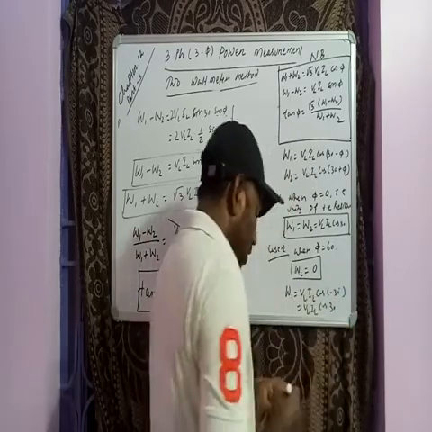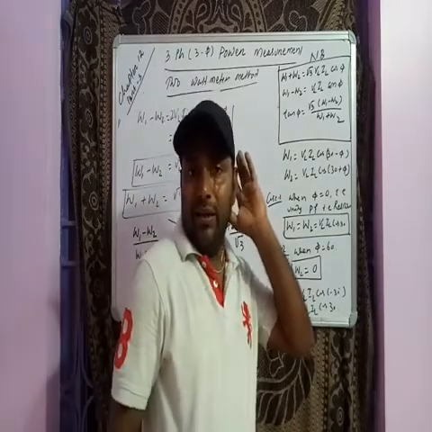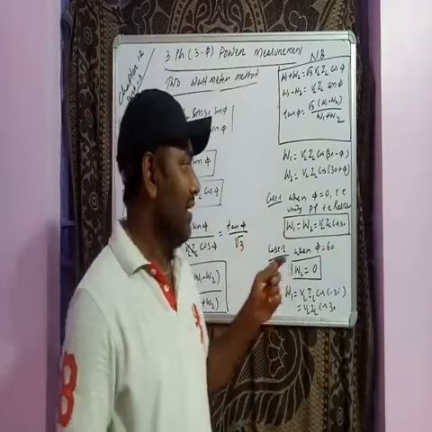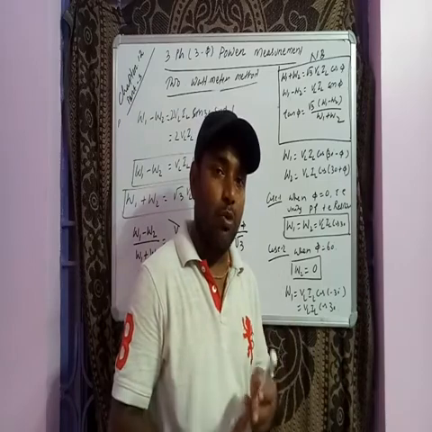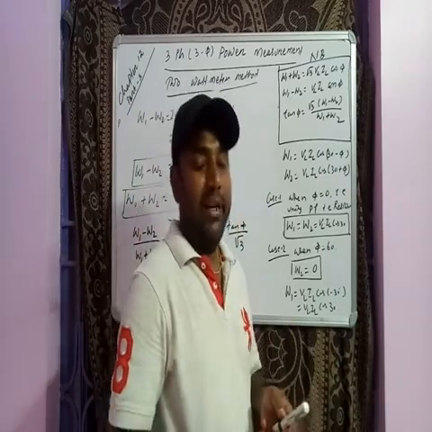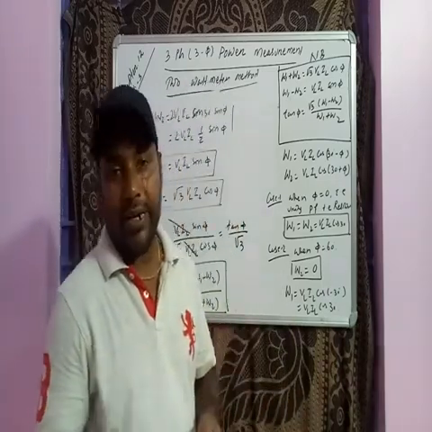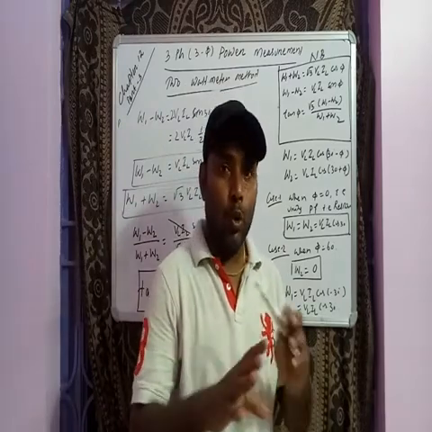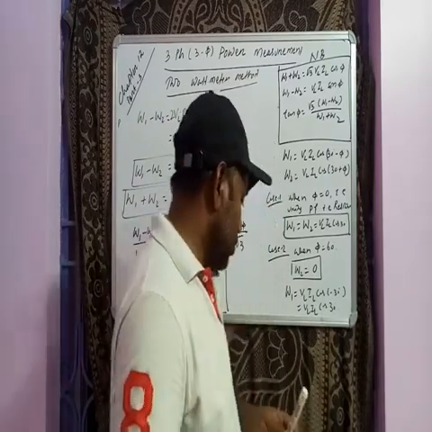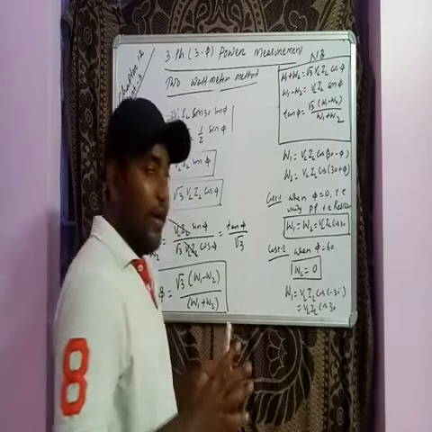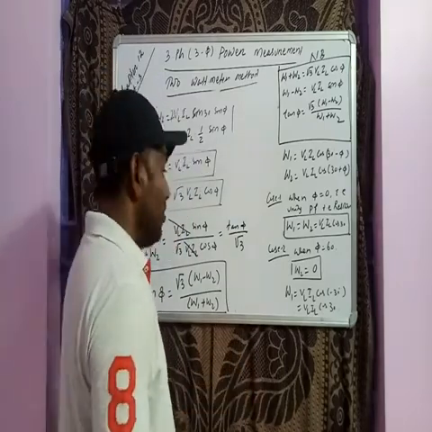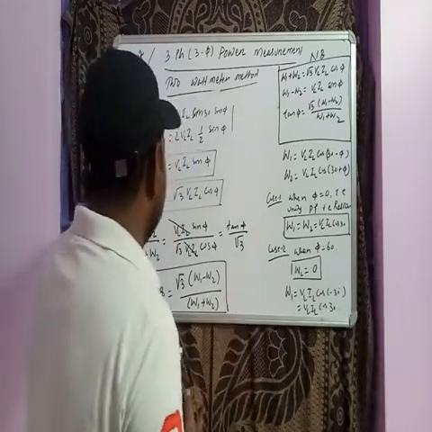So when the load angle is 60 degree, only one wattmeter will show the reading, and the second wattmeter will give no reading. Clear about this? This is case 2.